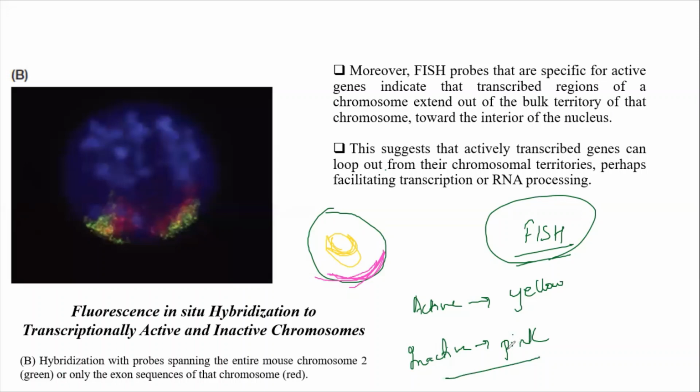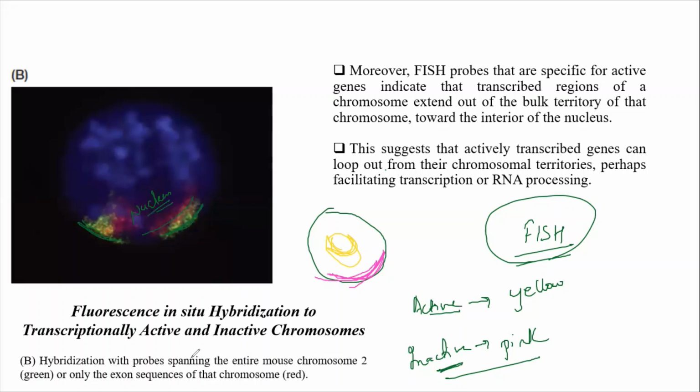When you go through the video again, maybe I also said something wrong at one place, now if I recollect. I'm sorry for the confusion. Let's make it clear now. So the inactive region is over here, at the nuclear periphery. The active region is towards the inside of the nucleus.